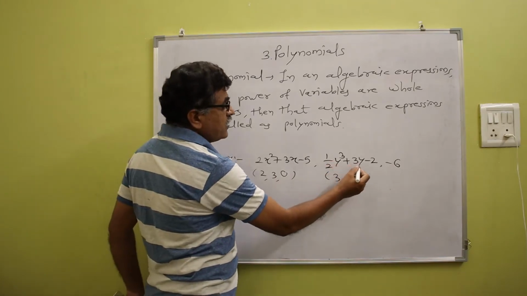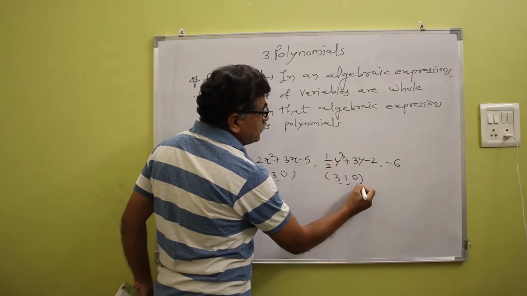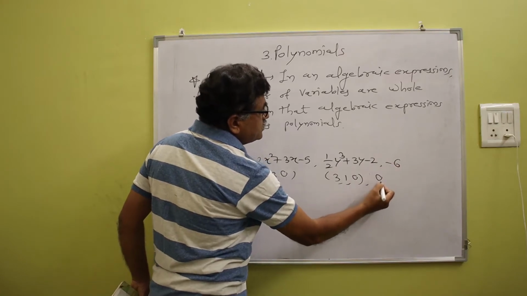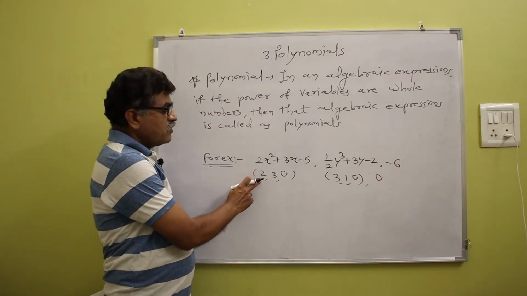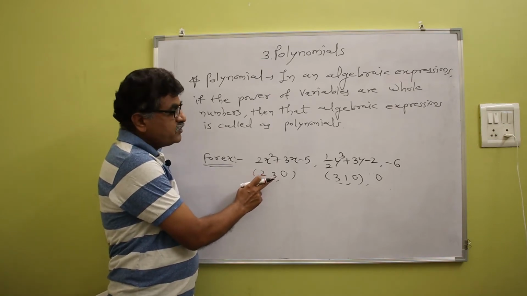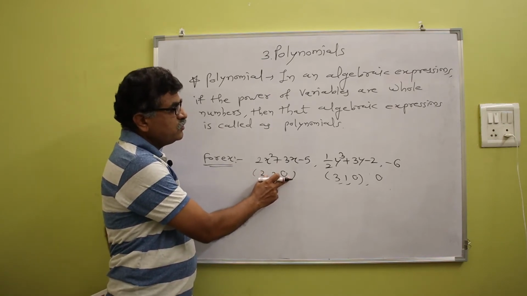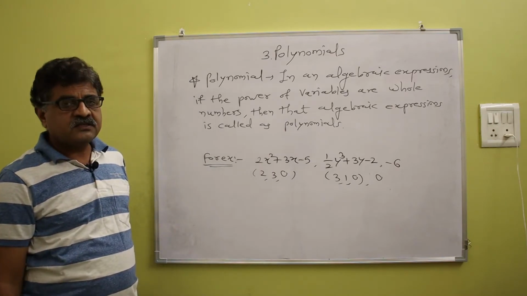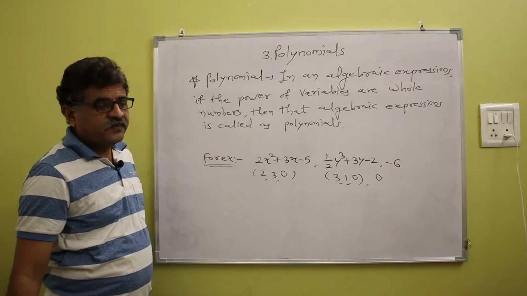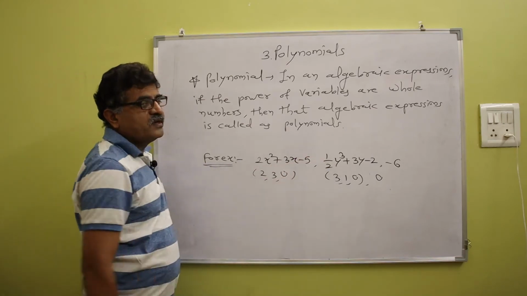Here the powers are 3, 1, 0, and here 0. That means the power of the variable is a positive integer or 0, so this type of algebraic expression is known as a polynomial. Therefore these three are polynomials.